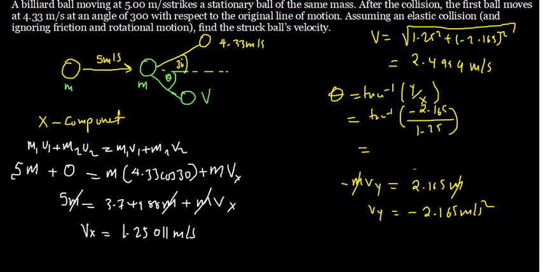So tan inverse of negative 2.165 divided by 1.25 gives me negative 60 degrees. Now the negative just means that when you are measuring angles, you always go in the anti-clockwise direction. So if you go in the clockwise, that's why you are getting the value as negative. So that is it for this question.